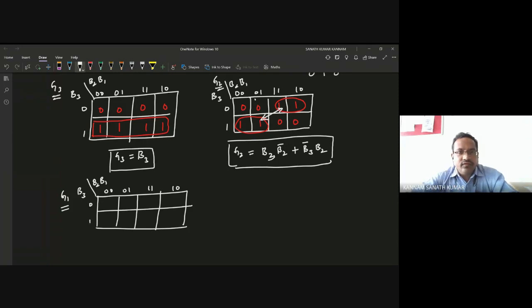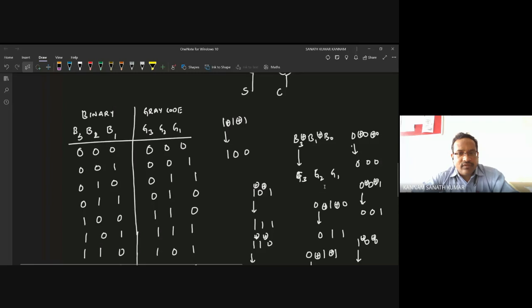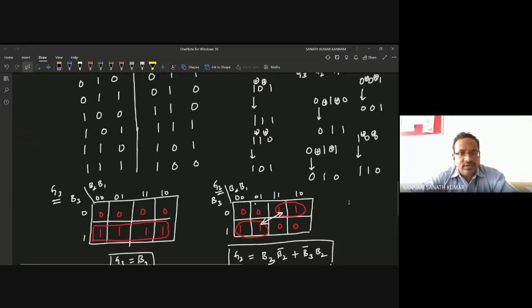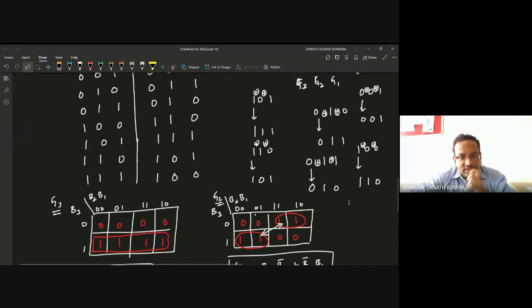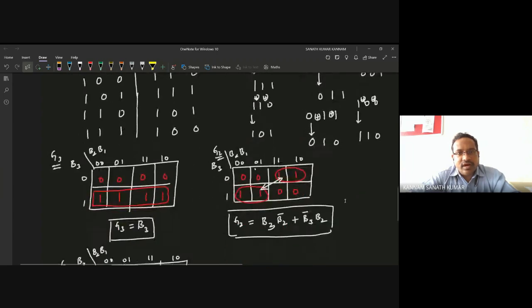If you see the truth table, 0, 1, 1, 0, 1, 1, and next 0, 0, and 0, 0, 0, and 1, 1, 0.